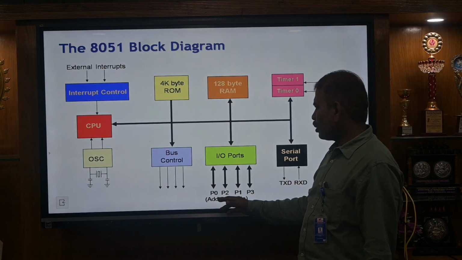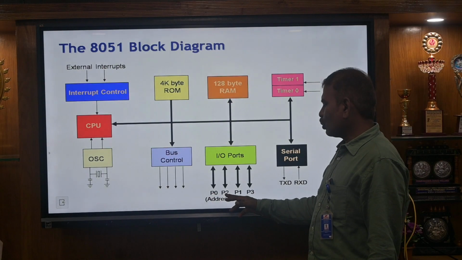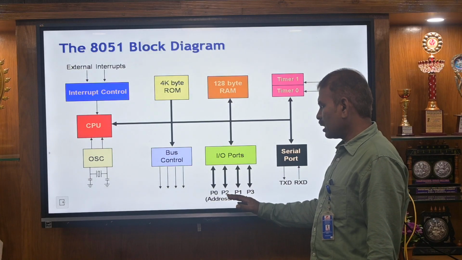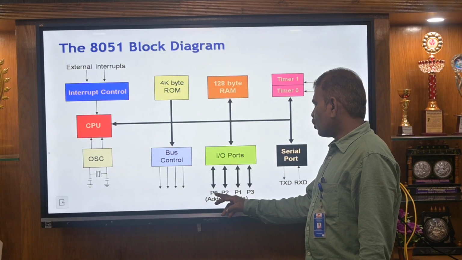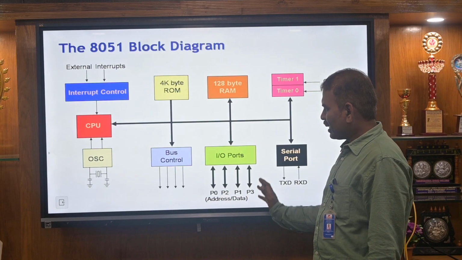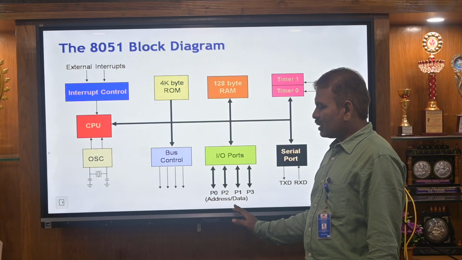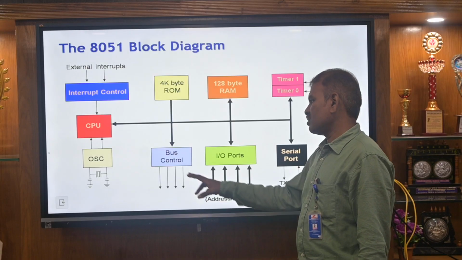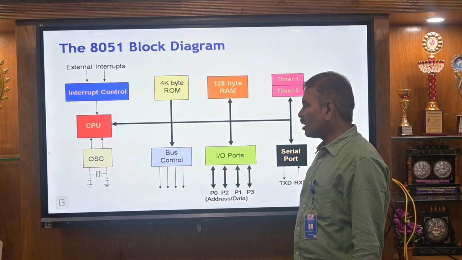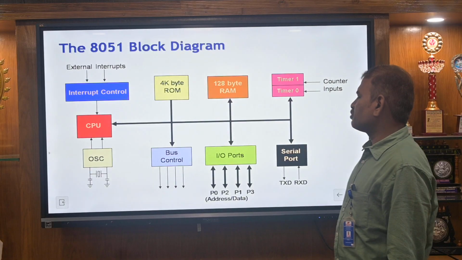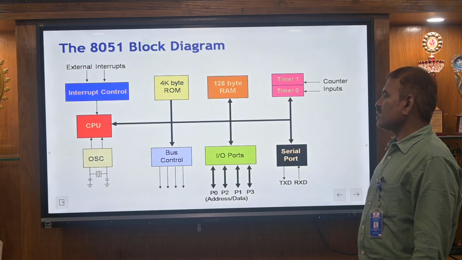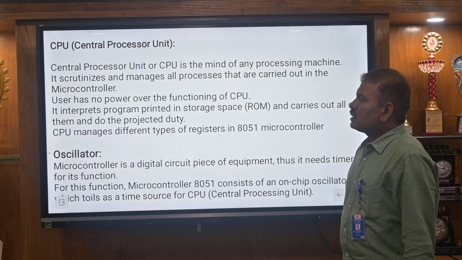The input output ports are port 0, 1, 2, 3, so four ports are available. These four bidirectional ports are connected with the address and data buses, and bus control is also available. The bus control transmits the data, that is permanent values, and data storage is possible.